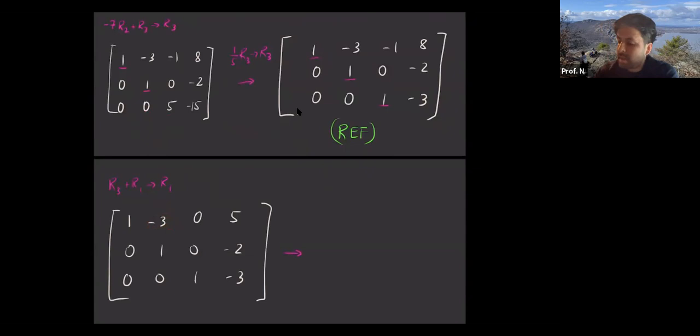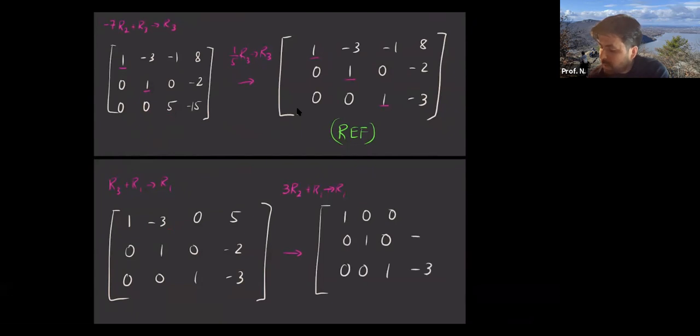I just need to triple R2 and then add that to R1, and make that my new R1. And then when I do that, I get 1, 0, 0, 0, 1, 0, 0, 0, 1. This is -3. This is -2. And if I multiply this by 3, I get -6 plus 5 is -1. So this should be the RREF.